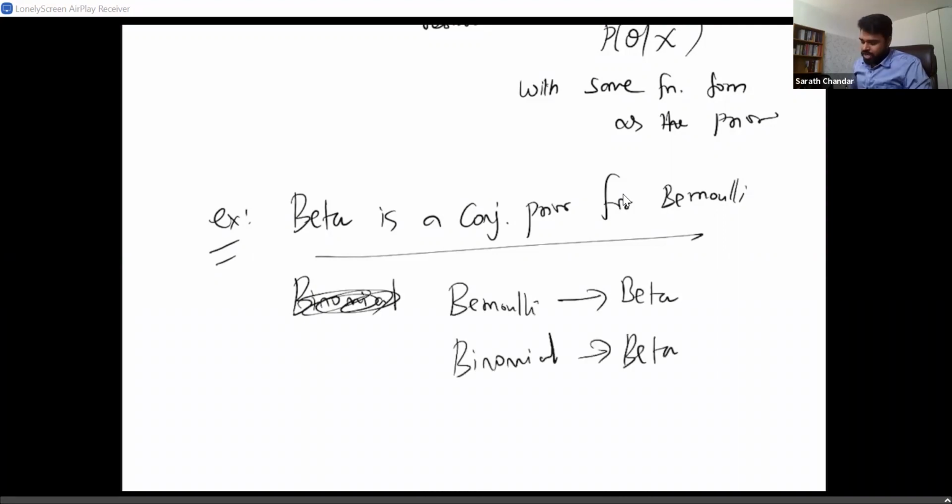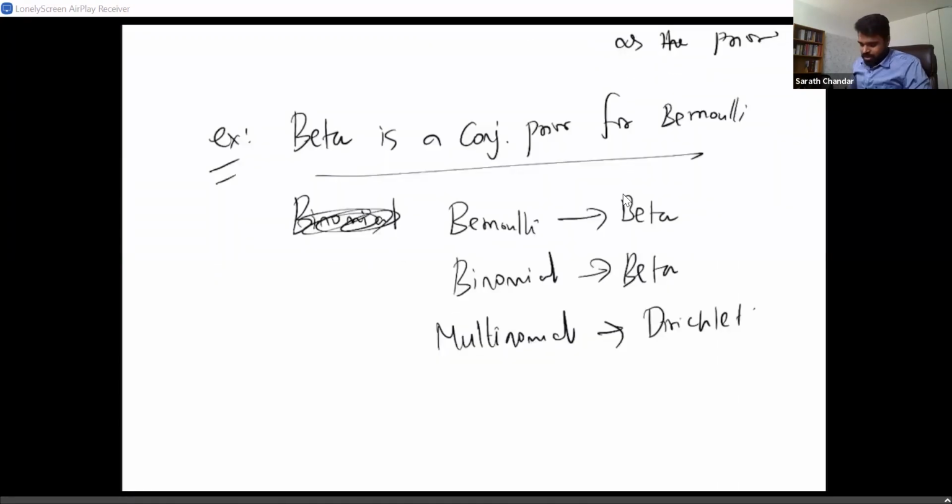If you have a multinomial likelihood, then the Dirichlet random variable is the prior. Gaussian is always special, right? So when you have a normal likelihood, can someone guess what would be the conjugate prior for the normal distribution? It's normal itself. When you have a normal likelihood, the conjugate prior is also normal.